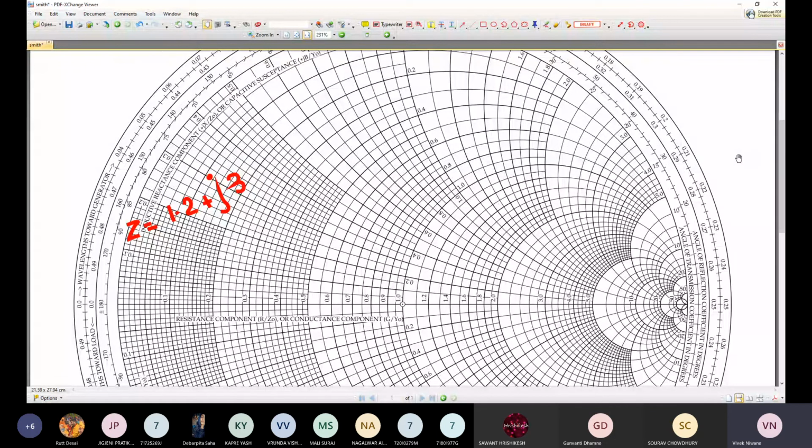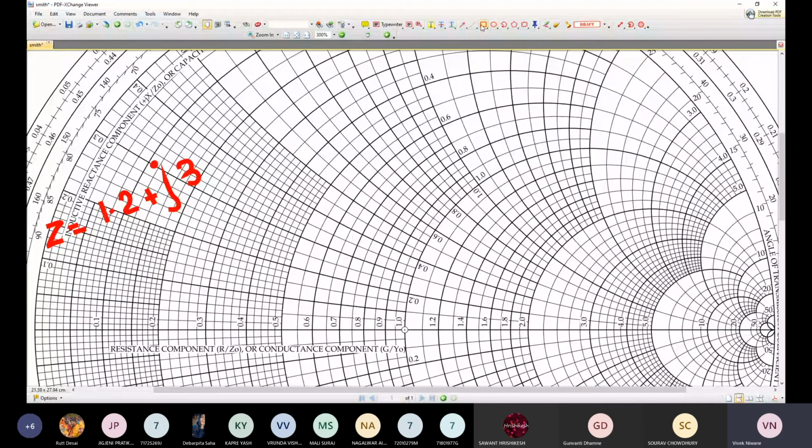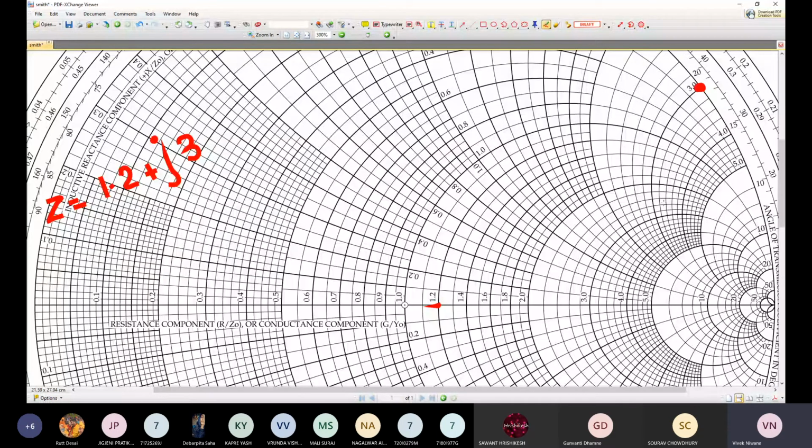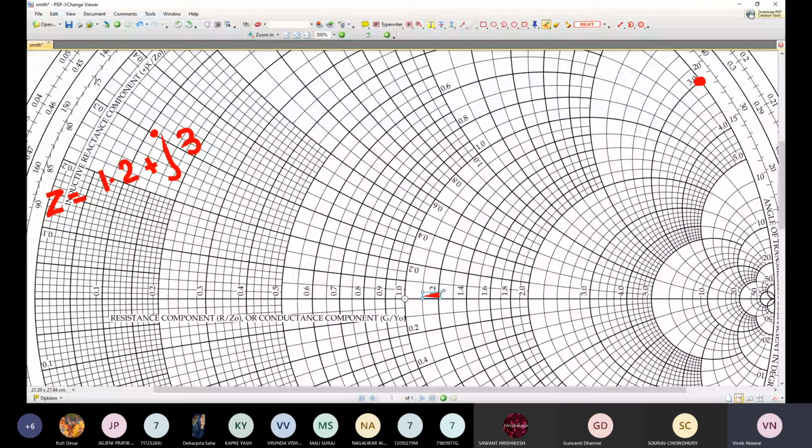So 1.2, where is my 1.2 on this line? Okay, so here is 1.2. And where is 3 on these curve lines? You can observe we do have 3 over here. So we will try to find the intersection between this circle and this curve line.